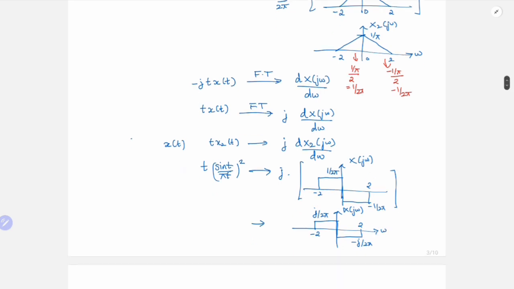This is omega. So I'll write it here. X of j omega is nothing but j by 2 pi for omega less than 0 and minus j by 2 pi for omega greater than 0. Sorry, this is between minus 2 and 0, and here 0 less than omega less than 2.